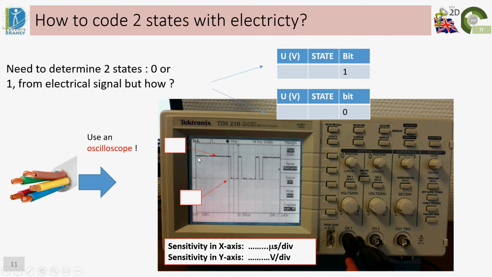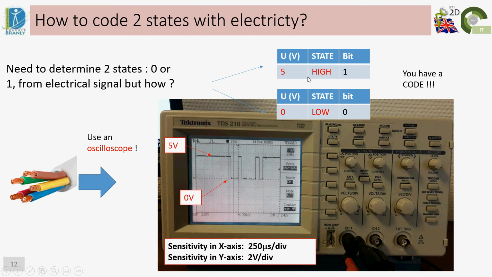And you have to decide what will be called a 1 and what will be called a 0. So here on this oscilloscope, we can see that we have a sensitivity of 2 volts, it's written there, by square. So that means the scale is 2 volts per square. So if I have 2.5 squares, that means that I have 5 volts at maximum here.